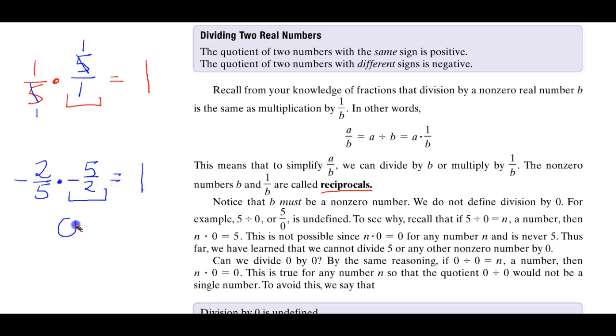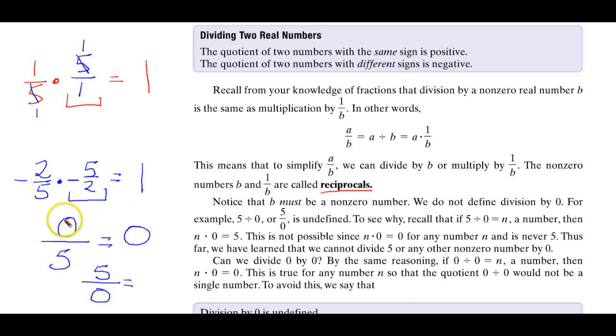Now, they're also mentioning one of our basic rules, that if you have 0 divided by any number that's not 0, this always is a 0. But if you have a number like 5 divided by 0, in our mathematical system this is not defined.